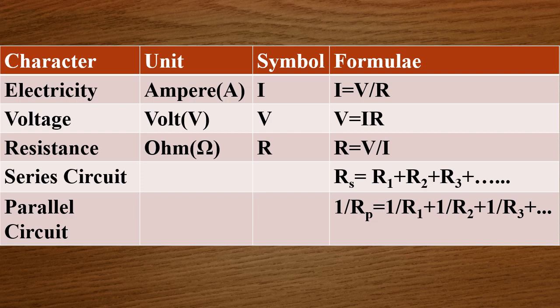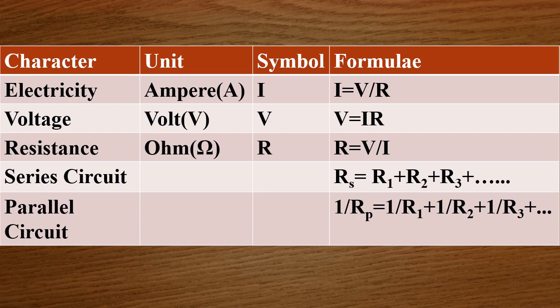A series circuit doesn't have any unit or symbol but has a formula. In series circuits, if you join so many devices or so many bulbs like in the pictures, each device will contain its own resistance. So the total resistance will be like this: Rs is equal to R1 plus R2 plus R3 plus so many resistances.